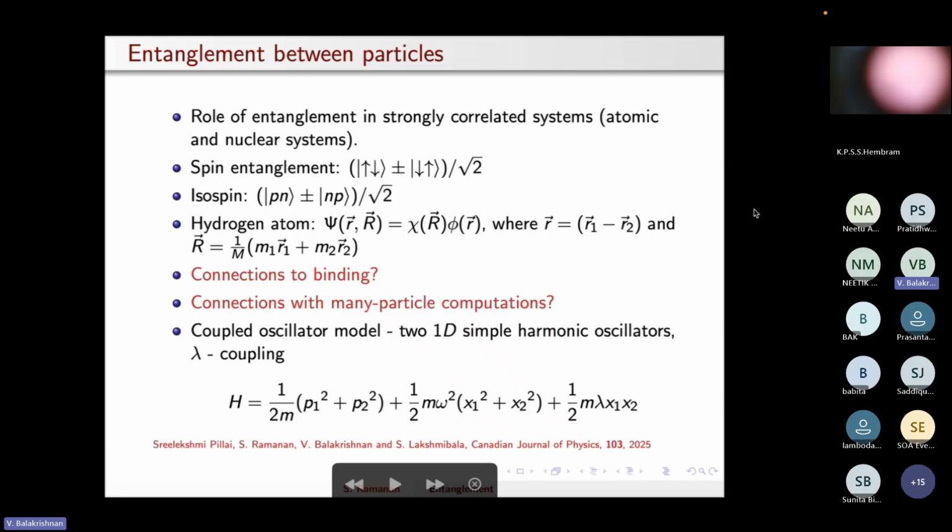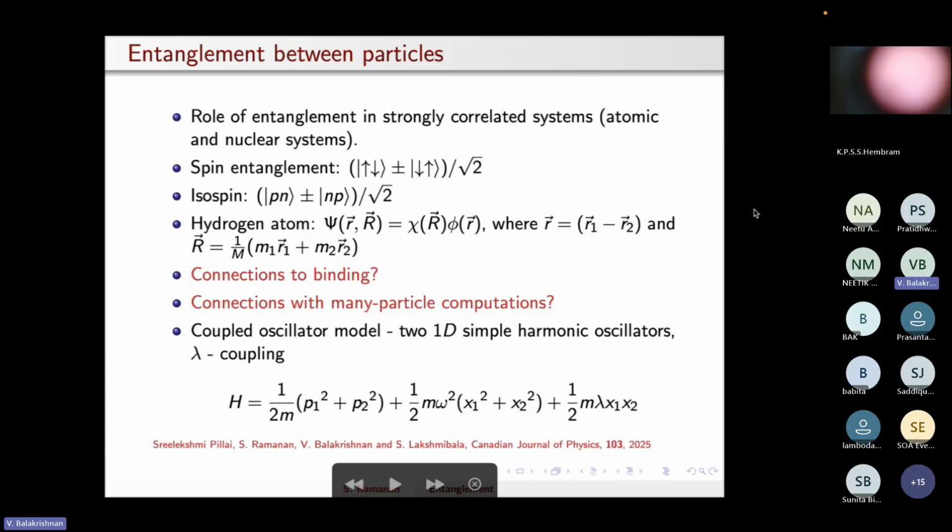Now it turns out that if the total spin s is 1, it is the symmetric combination, up down plus down up, that contributes. And when the total spin is 0 and the projection is 0, it is the antisymmetric counterpart that contributes.